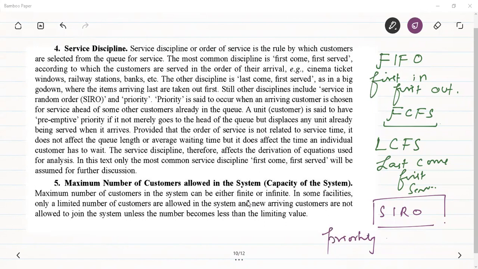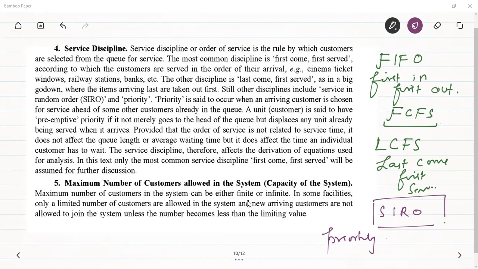Okay, so if we take an example of the ticket counter, वहाँ पे बहुत सारे customers आ सकते हैं. There is not a limit that only 10 customers are going to get the tickets. Okay, in the railway station there can be a number of people which are coming to the system. लेकिन suppose कोई example हम लेंगे, there is a doctor which is going to see only 10 patients per day. Okay, so obviously only 10 people will be allowed to enter the system.